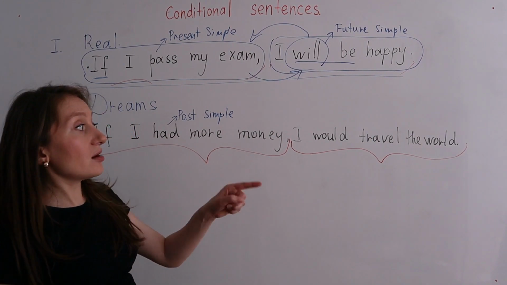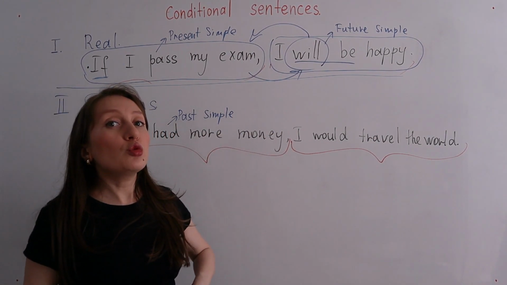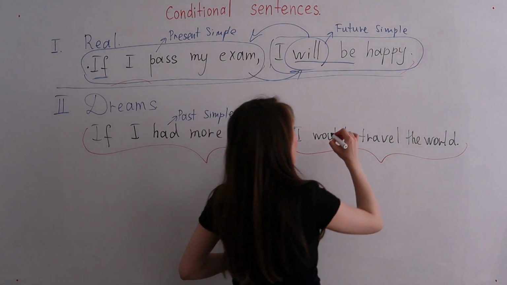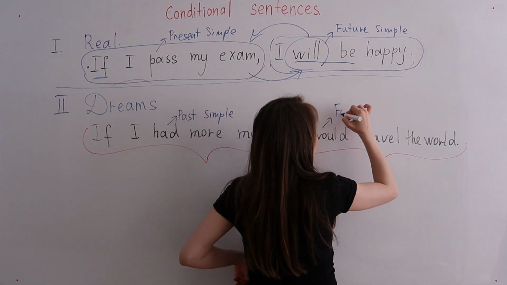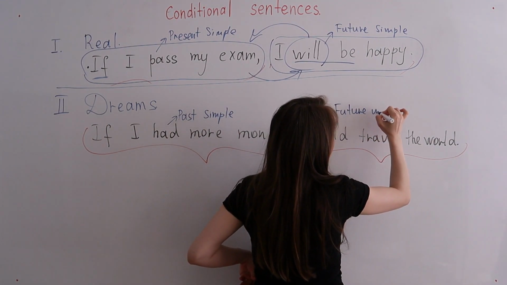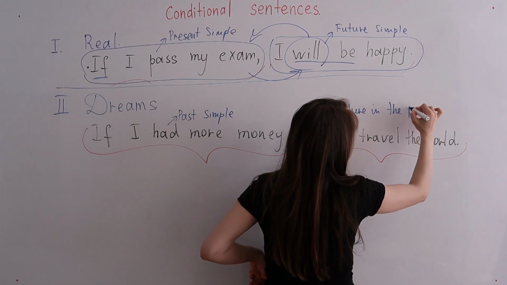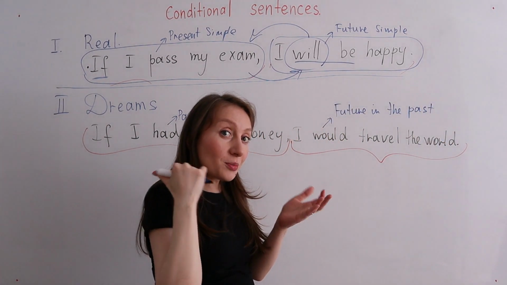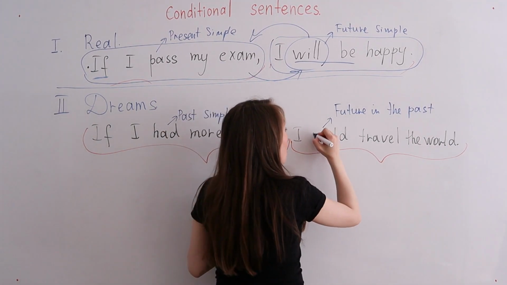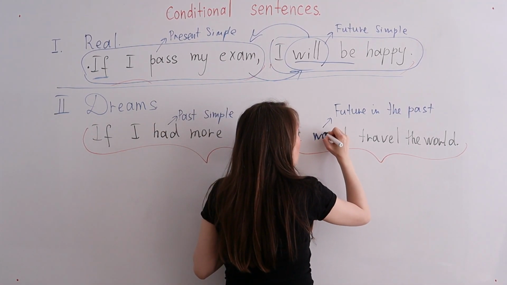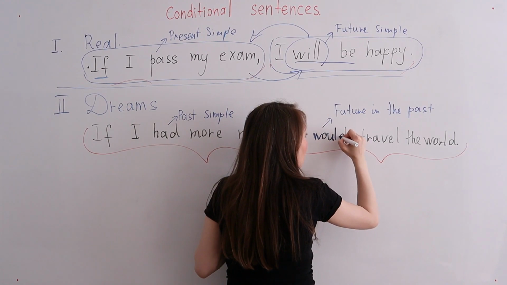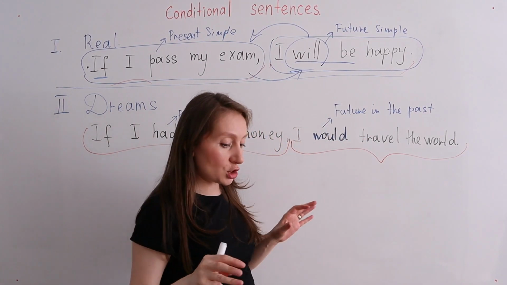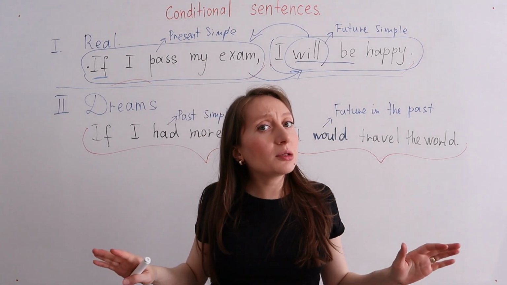And instead of will, we use would in the main clause. So we call it future in the past. Will, the past form is would. So we have would here. So this is the construction. We are not talking about past.